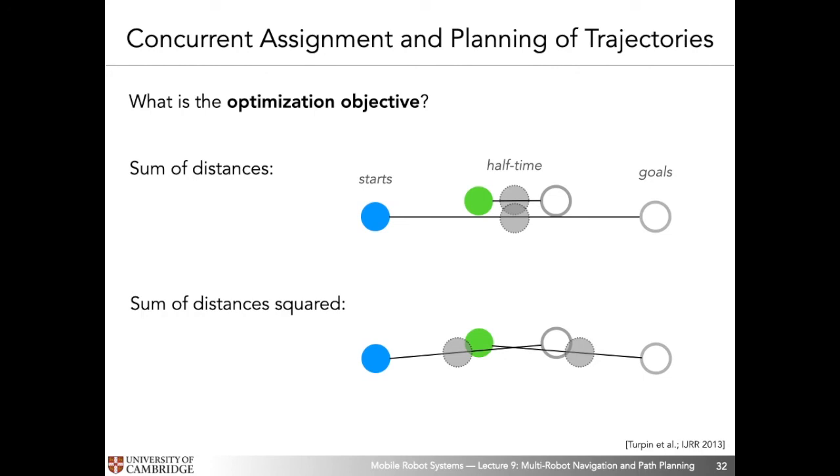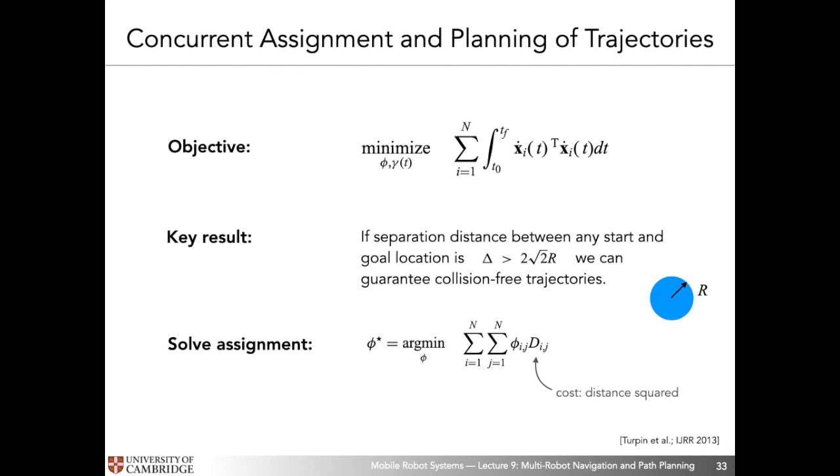One behavior leads to a collision at halftime, and the other is collision-free. So this can actually be proven. If we consider sum of distances squared and we have holonomic point robots, we can generate assignments that are collision-free.